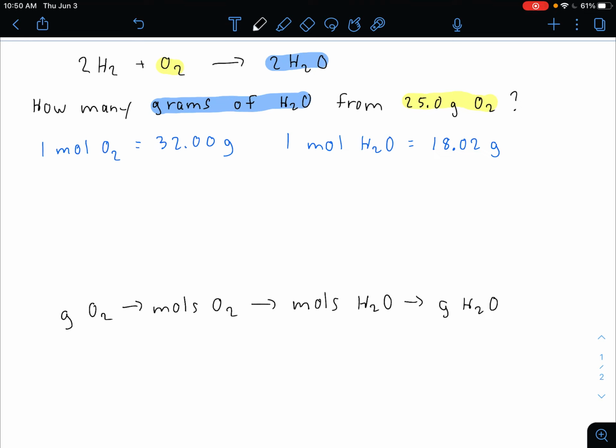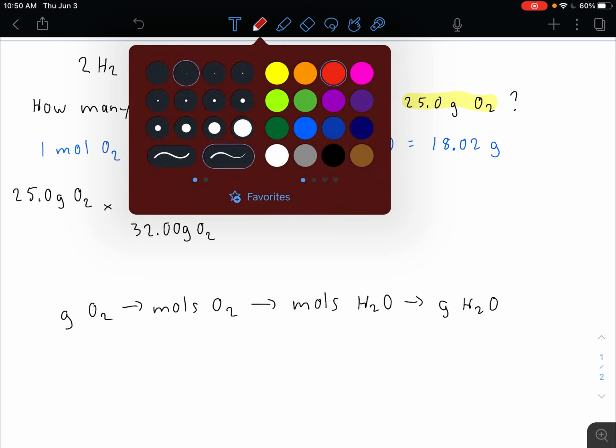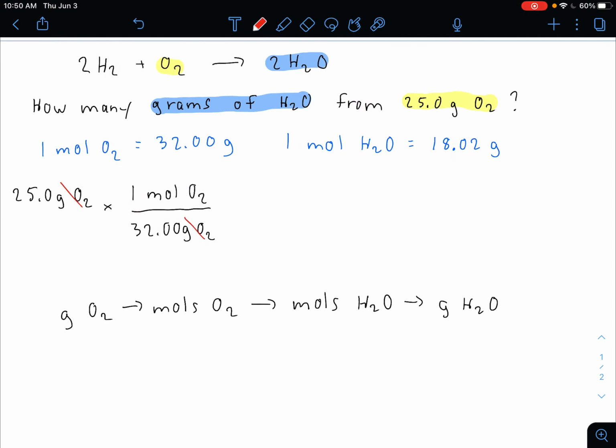All right, so we can set that up. 25.0 grams oxygen, convert to moles, so times 1 mole O2 divided by 32.00 grams O2. So grams of reactant cancel, and that's my first conversion.